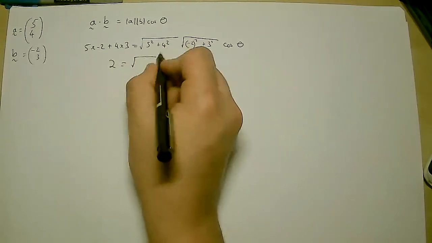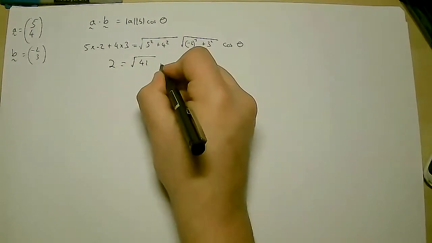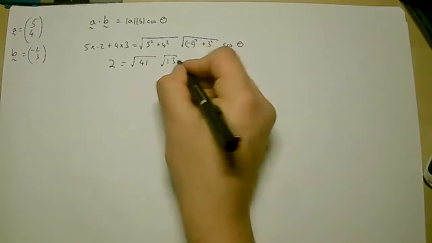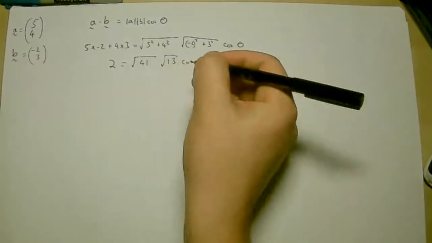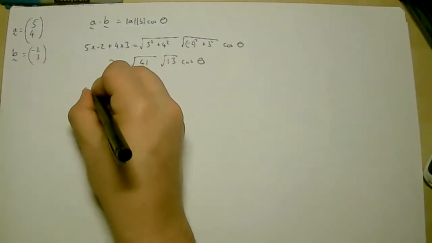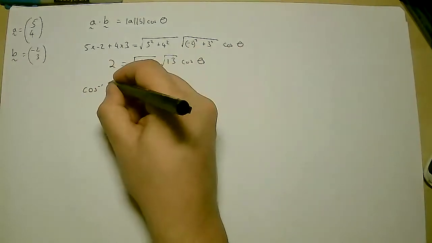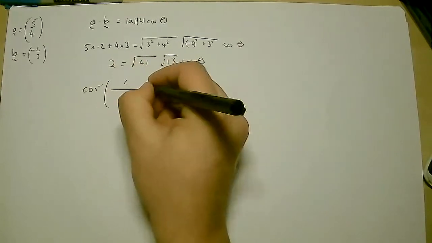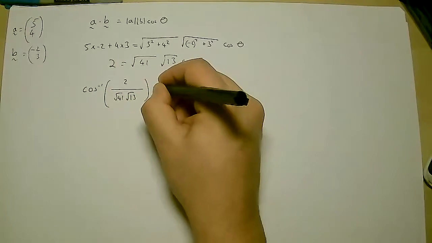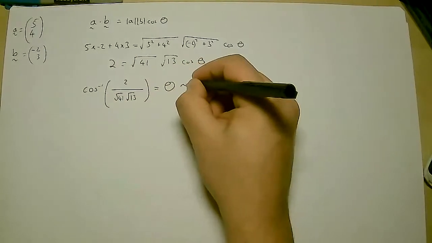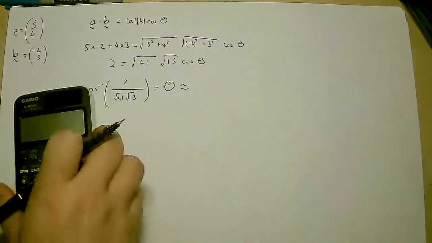This is root 41. This is root 13 cosine theta. So rearrange this. The inverse cosine of 2 over root 41 root 13 is theta, and your calculator will tell you what that is.